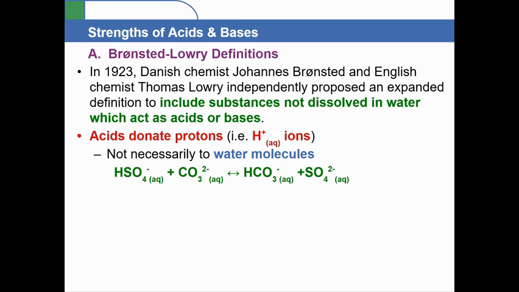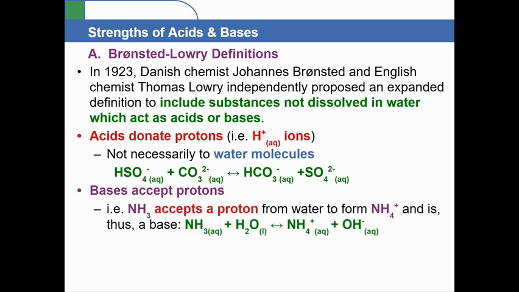So you can just see the hydrogen is transferred right on over. Nowhere in this is a hydronium ion. Yet, since it's basically the same type of reaction, the transfer or donation of a proton, then it's considered to be an acid. Now, the substance, the CO3 in this case, since it is accepting the proton, then in this reaction, it is acting as a Bronsted-Lowry base.